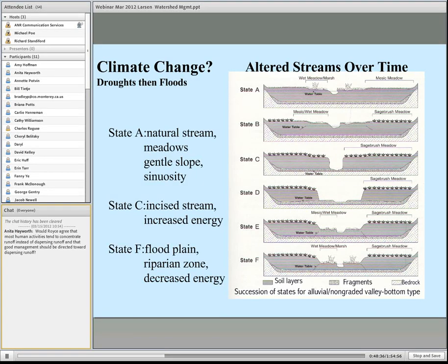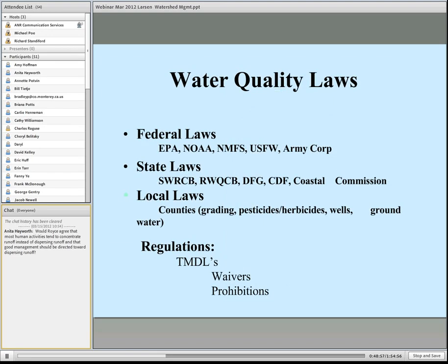With climate change, the predictions are the droughts will be worse and the wet years will be wetter, or the floods. So that means in the drier years, it's going to be harder on the vegetation along the streams. In the wetter years, we're going to have increased stream flow and higher energy. It could become a very interesting issue.